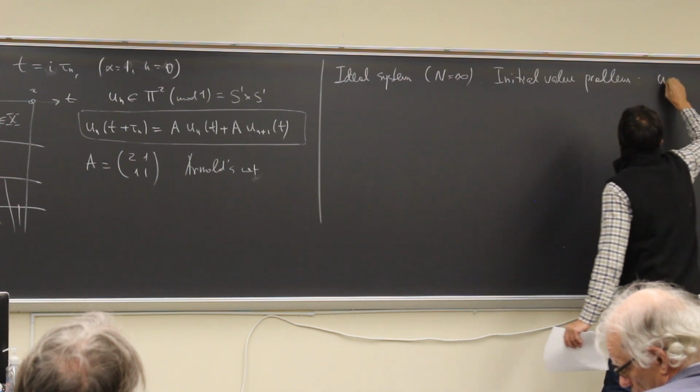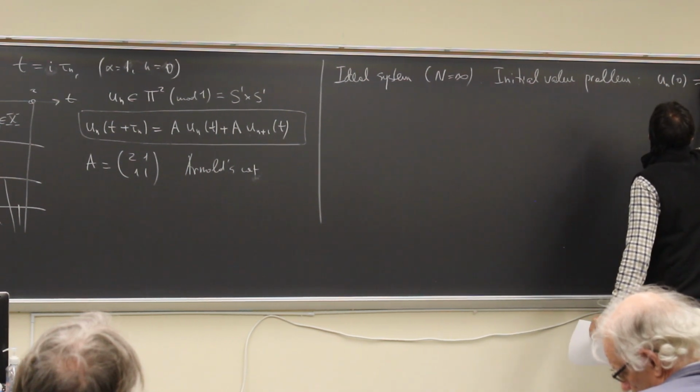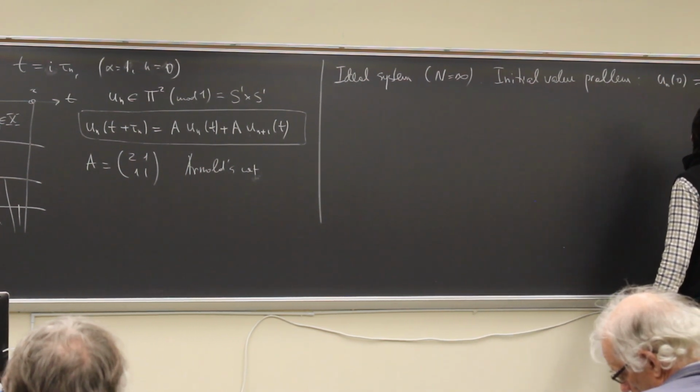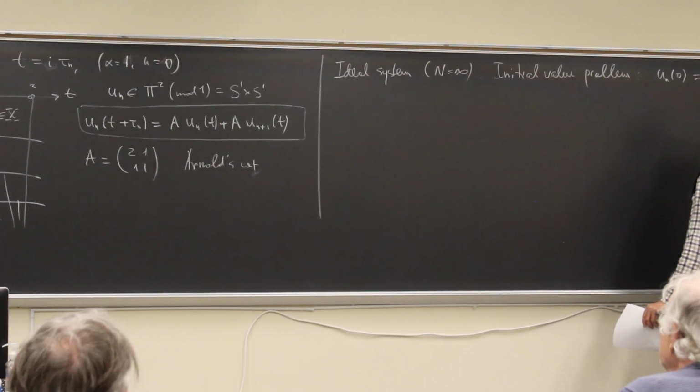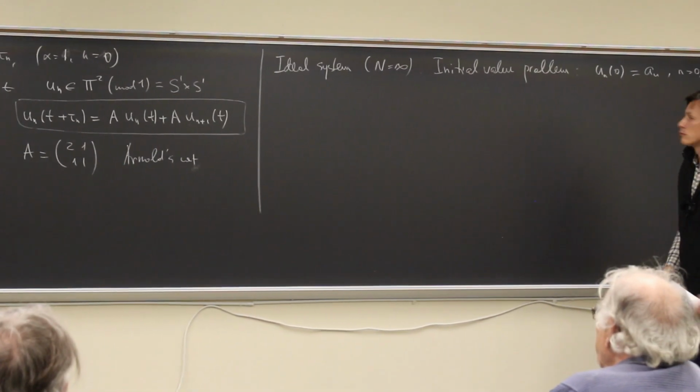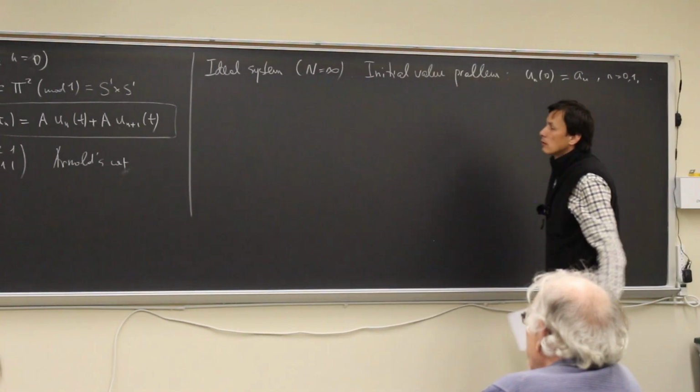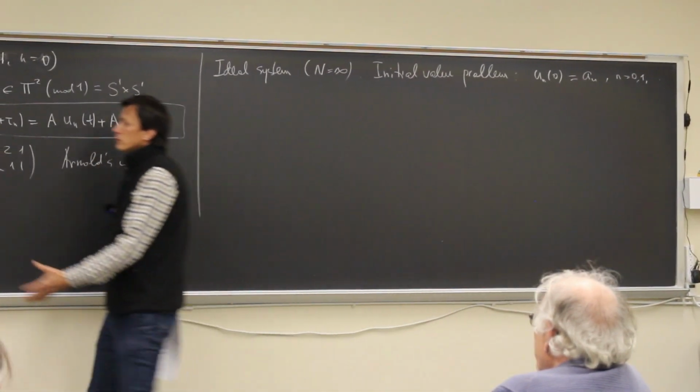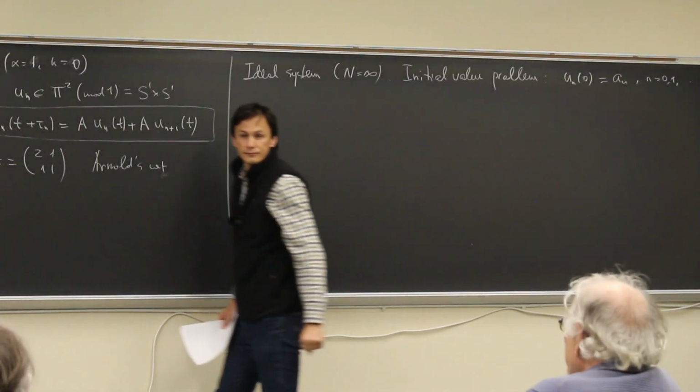It means that at initial time you give a certain initial condition. We have an initial condition, and I want to find a solution. Solution means that it satisfies the initial condition and it satisfies this equation at every node.